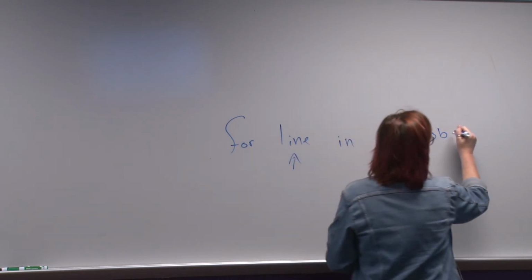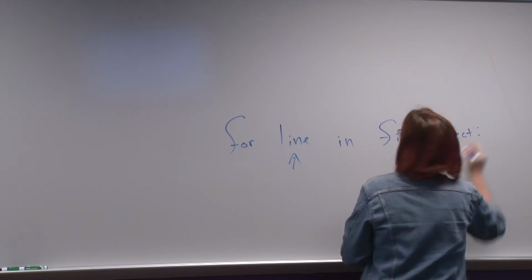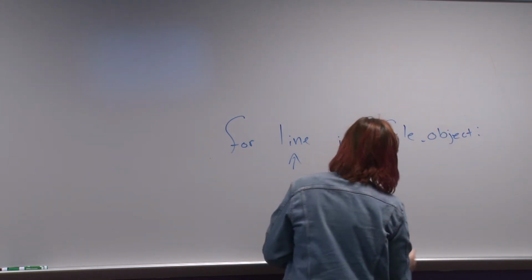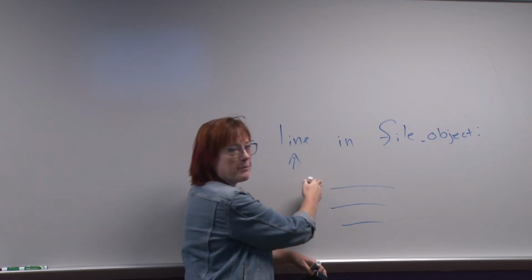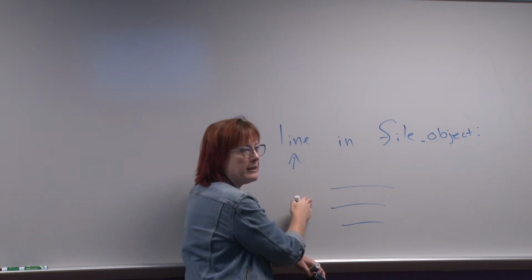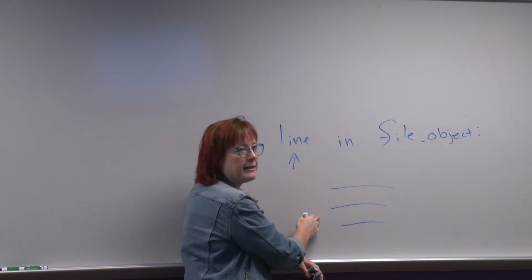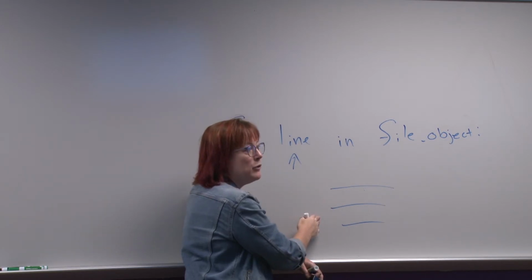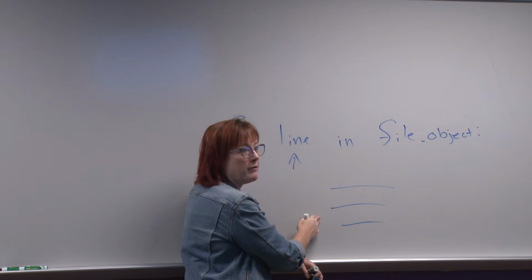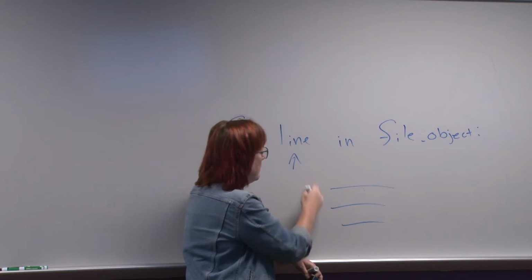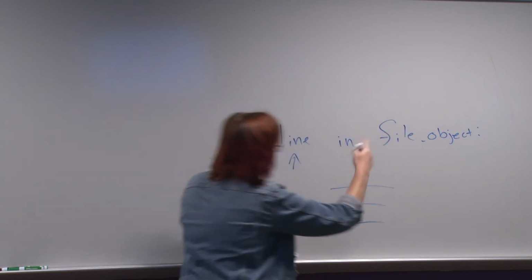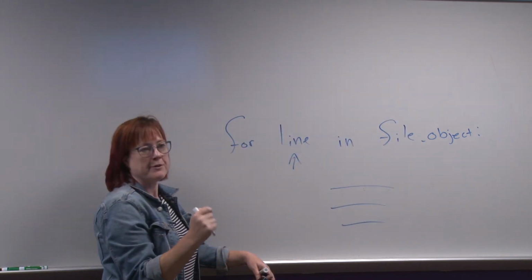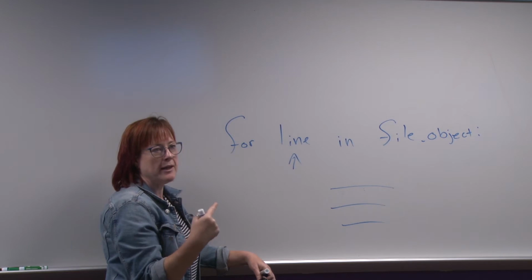And this is just the variable name of your file object. And then you would do whatever steps of processing. So typically, you would read in the line. You would strip the new line symbol from it. You'd convert it to an integer or a float. You might calculate something. Or commonly, you would be adding it to a total to figure out the total value in there. But everything you do, and then when you were done with that, it would go up to the next one and read it in and do the processing the same. So it works one time for each line in the file.